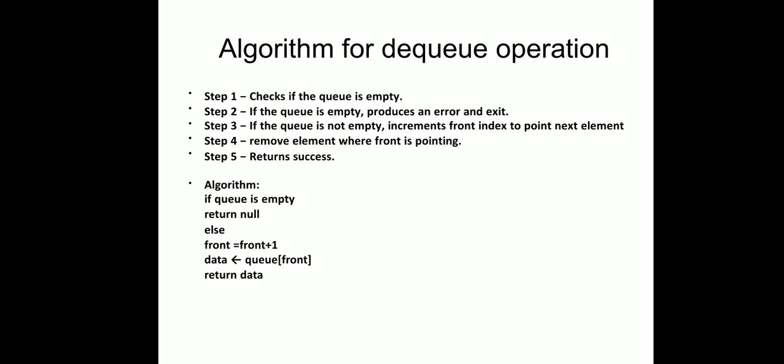And for the dequeue operation, first you have to check the queue empty condition. If the queue is empty, then show the error message that the queue is empty, no element can be removed from the queue. And if the queue is not empty, then take the data from the front location, because front is at the 0th index location, right?